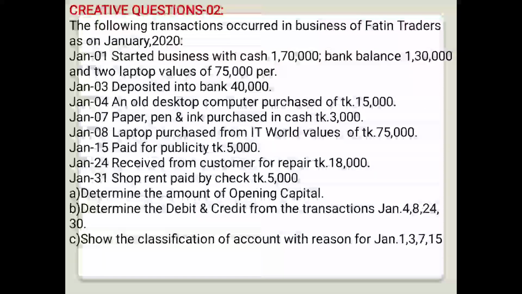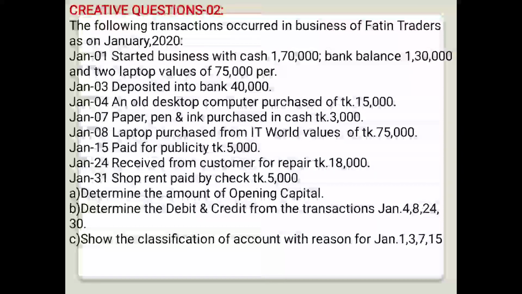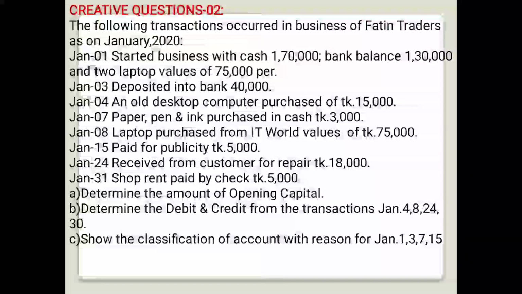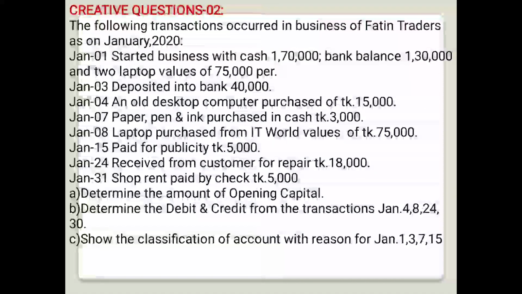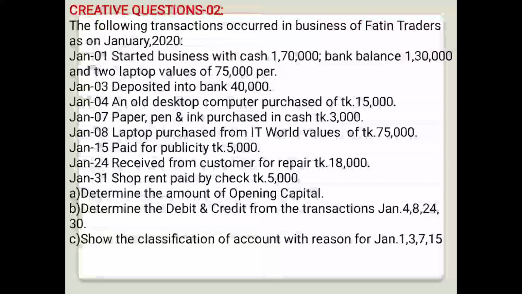The following transactions occurred in the business of Athene Traders as of January 2020. January 1, started business with cash 1,70,000, bank balance 1,30,000 and 2 laptops valued at Taka 75,000 each. January 3, deposited into bank.